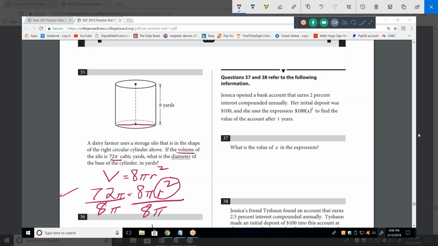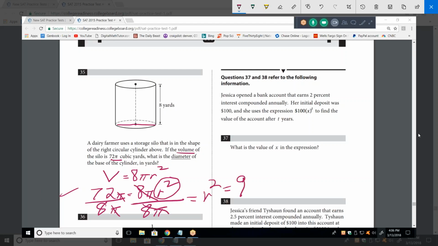If the 8 pi was being added, I would have subtracted it. If it was a divider, I would have multiplied. You just do the opposite. Now, notice that gets rid of that and that. The pi's cancel. 72 divided by 8 is 9. So I have r squared equals 9.